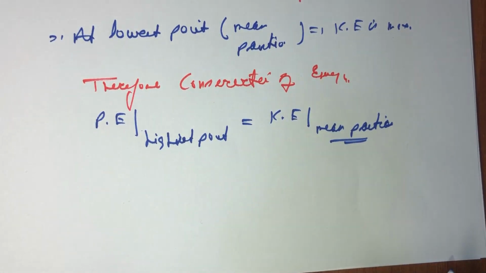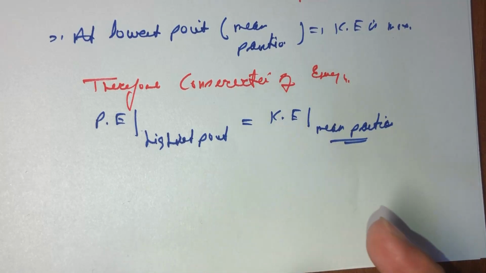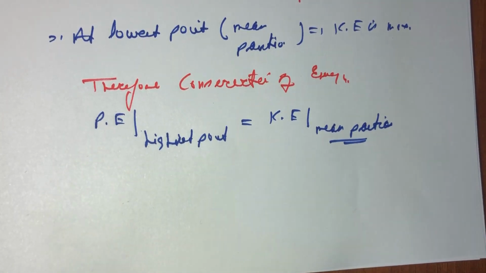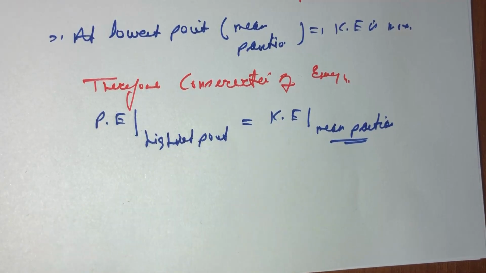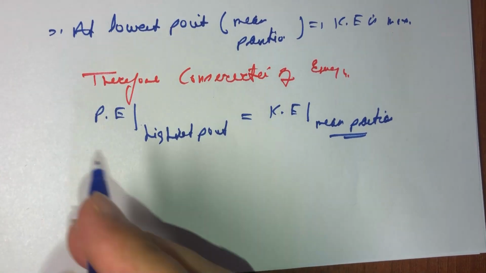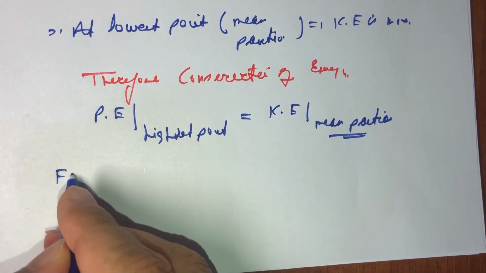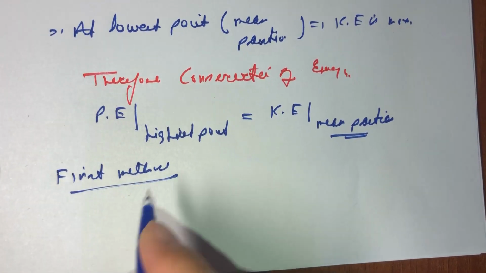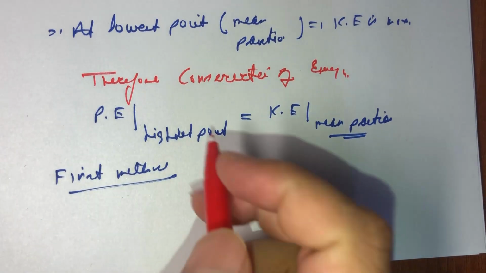And the second method is by finding out the amplitude based on your value of theta, and in this case we are going to assume that theta is very small. So there are two methods, and with both methods we are going to get the same answer. Let us first of all use the first method, conservation of energy.